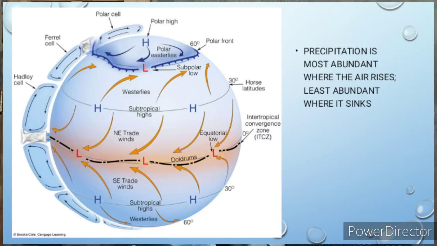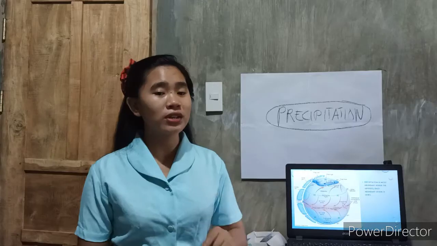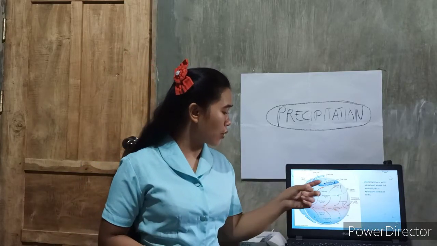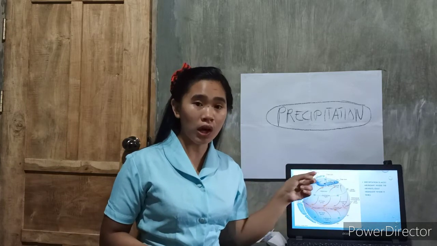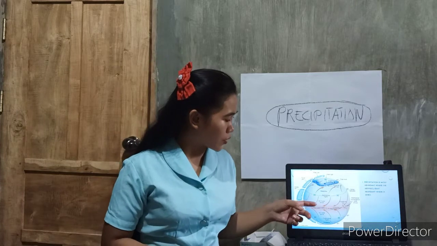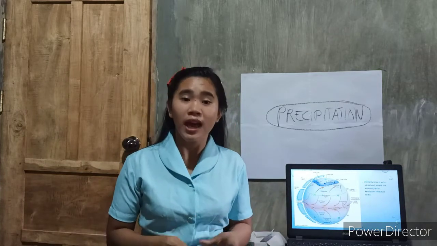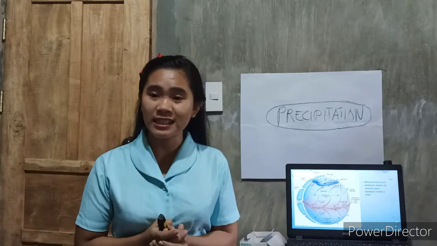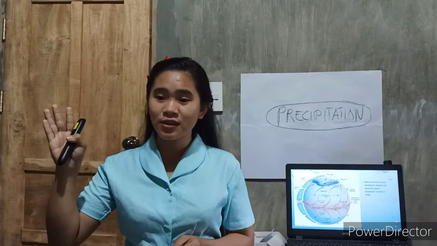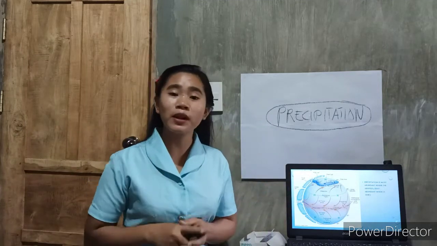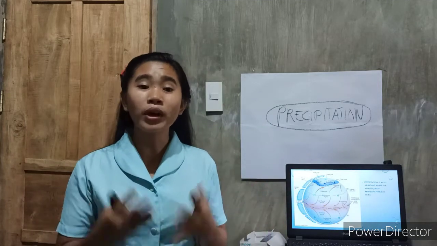This is the 3-cell model, where we have our Hadley cell, our Ferrel cell, and our polar cell. And we have, of course, our intertropical convergence zone. Take note, is the intertropical convergence zone our equator or not? Who says yes? Who says no? Very good. The intertropical convergence zone is not our equator.